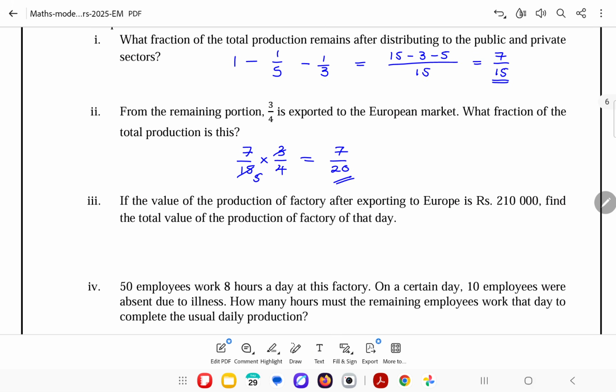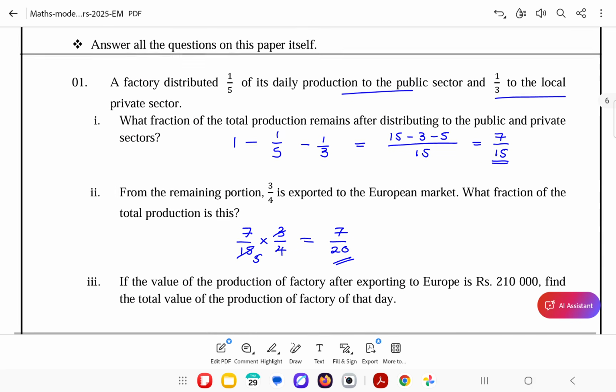Then if the value of the production of the factory after exporting to Europe is 210,000, find the total value of the production of the factory of that day.